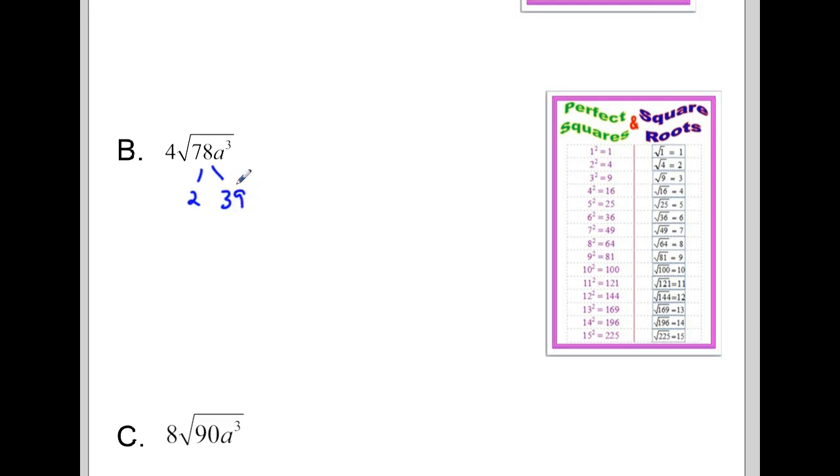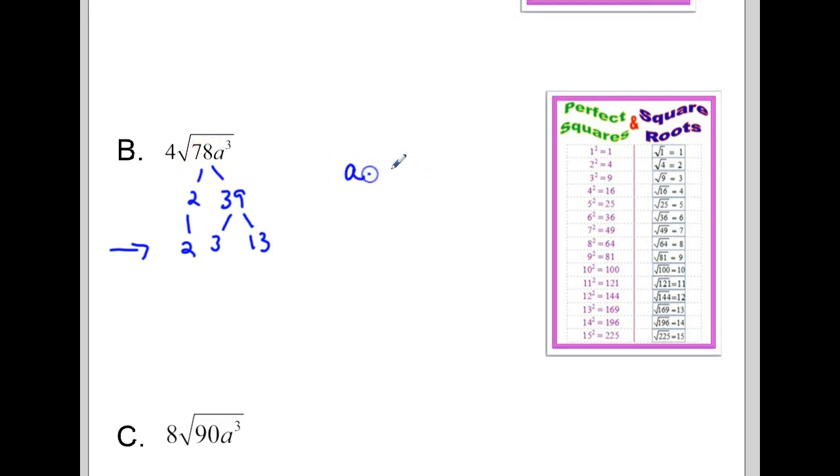Well, 39's not in my list, but I know that 39 can be factored into 3 times 13. So the numbers I'm looking at are all in this bottom row: 2, 3, 13 are prime numbers. I factored it, and none of these are pairs. So 78 is as simplified as it's going to get.